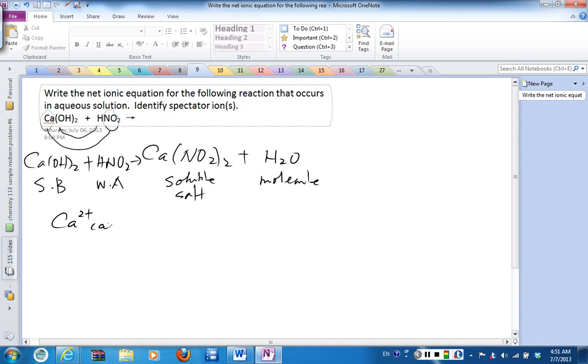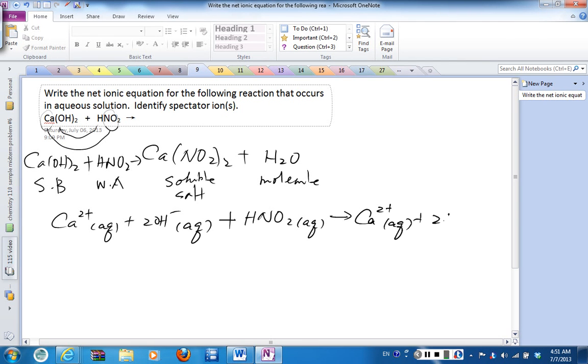Calcium ion and hydroxide ion. 100% dissociation shown. Weak acid, partial dissociation. Well, leave them alone. Soluble salts, strong electrolytes. 100% dissociation. All ions. Molecular compounds. Nothing.